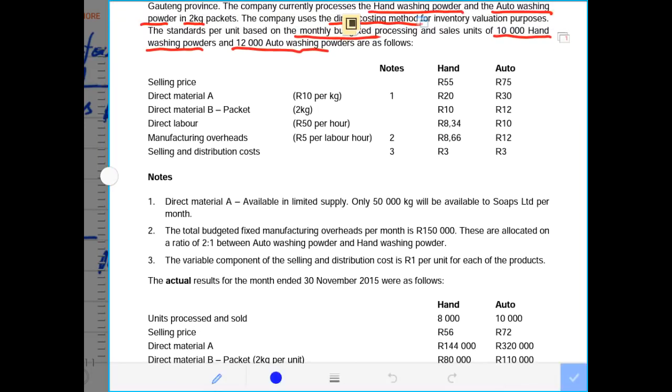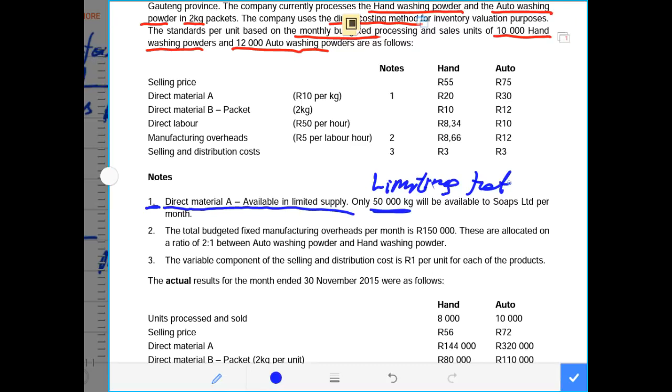which is called a mixed cost if it has those features. Then we go to number 1, because we've done at least the basics of the analysis. They say direct material A is available in limited quantities, 50,000 kgs per month to SOAPS LTD. In this case, this is the limiting factor.